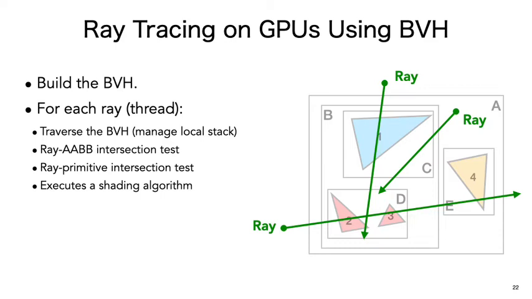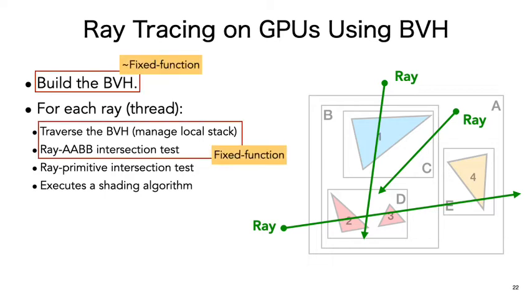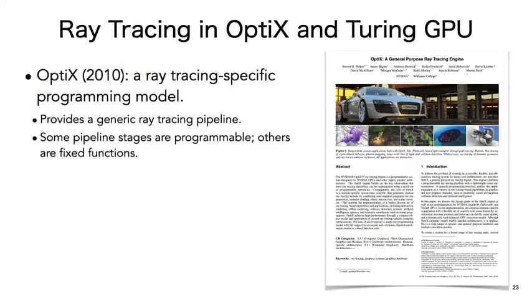Now, what's important here is that some of these steps are more or less fixed functions, such as building the BVH or traversing the BVH or performing ray AABB intersection test, whereas other steps need to be programmable, such as performing ray primitive intersection test, because that depends on what the primitive really is, whether it's a triangle or a sphere or so on. So realizing this, NVIDIA proposed the OptiX programming model, which is a ray tracing pipeline where some of the pipeline stages are programmable and others are fixed functions.